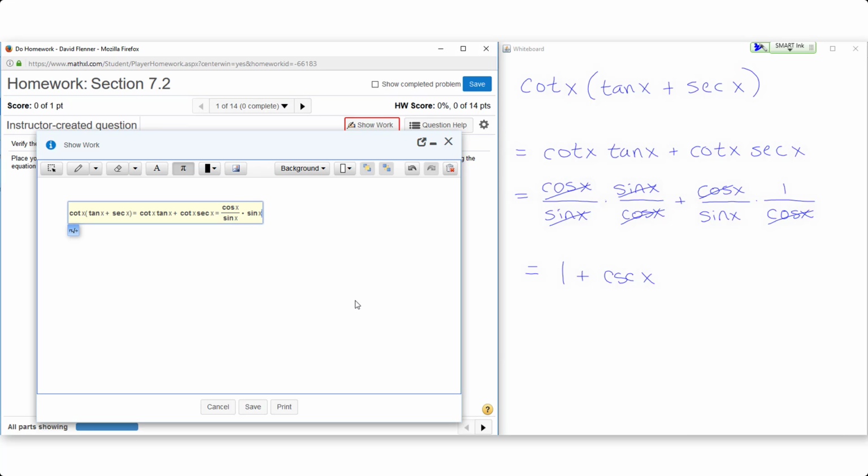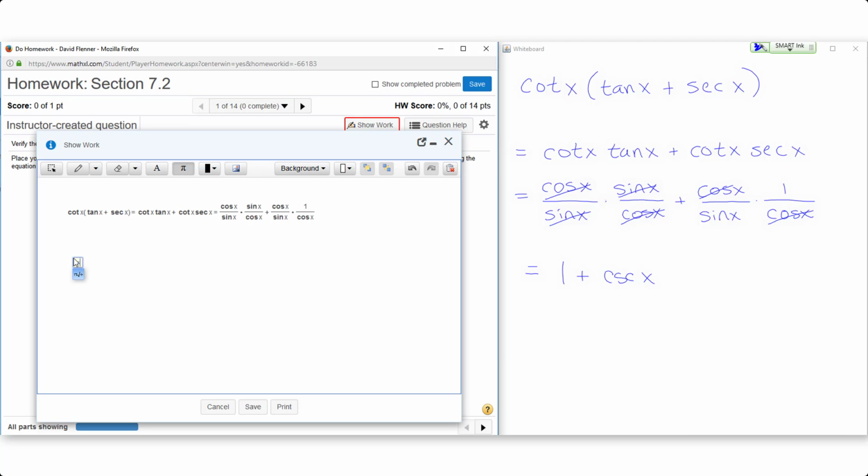And then sine x over cosine x, and plus cosine x divided by sine x times 1 over cosine x. And if you don't have enough space to finish out the problem, just do another line down here. That's fine.